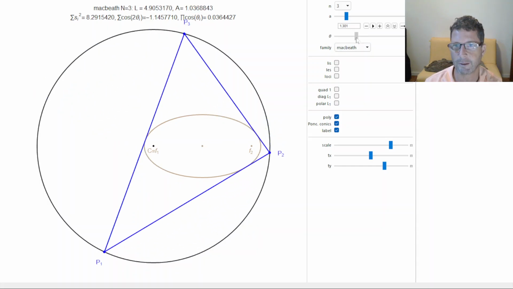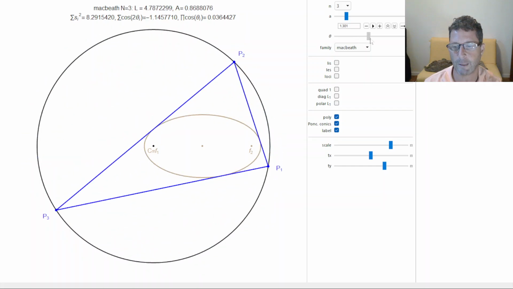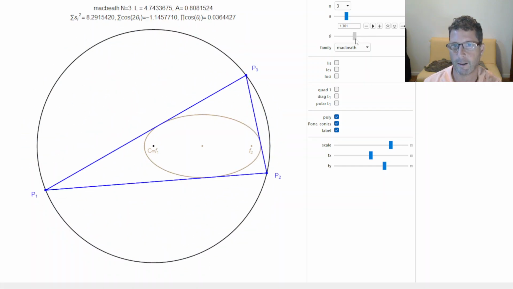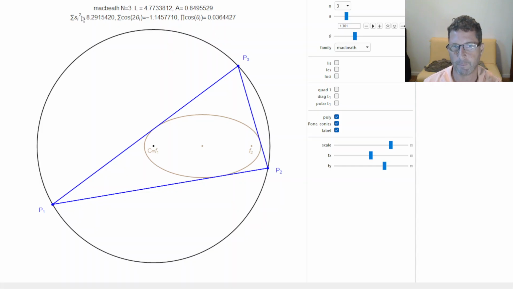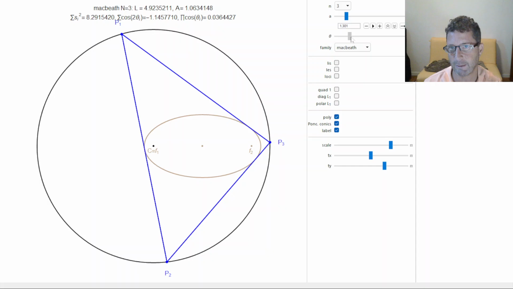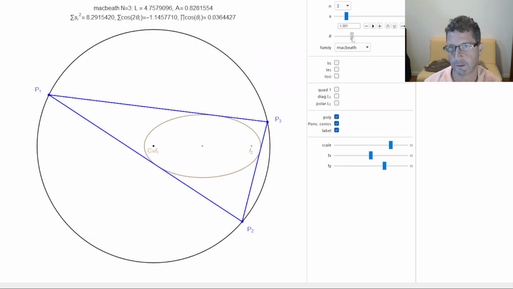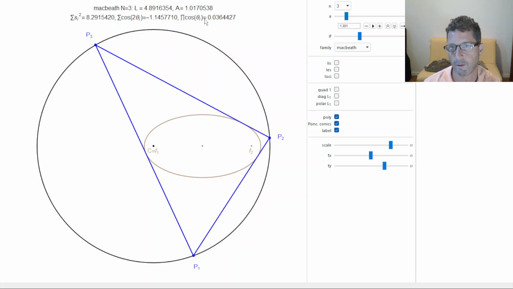What's germane is that, as I had mentioned before and we had seen on the other tool, not only does this family conserve, as every other Poncelet Macbeath does, the sum of side lengths squared and the sum of the double angle cosines, but specifically for n equals 3, we also get this additional conservation, which is the product of internal angle cosines.